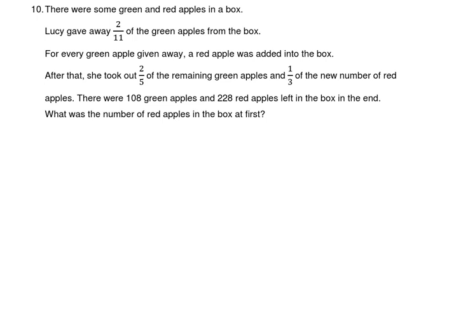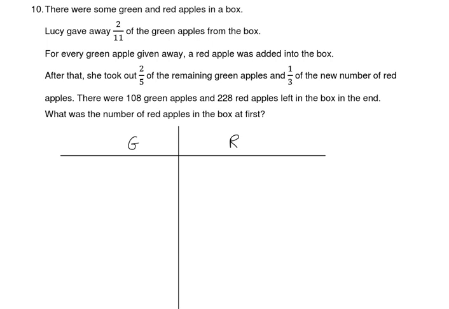I have green apples and red apples left in the box in the end. So I start drawing my table. I have 108 green and 228 red in the end.